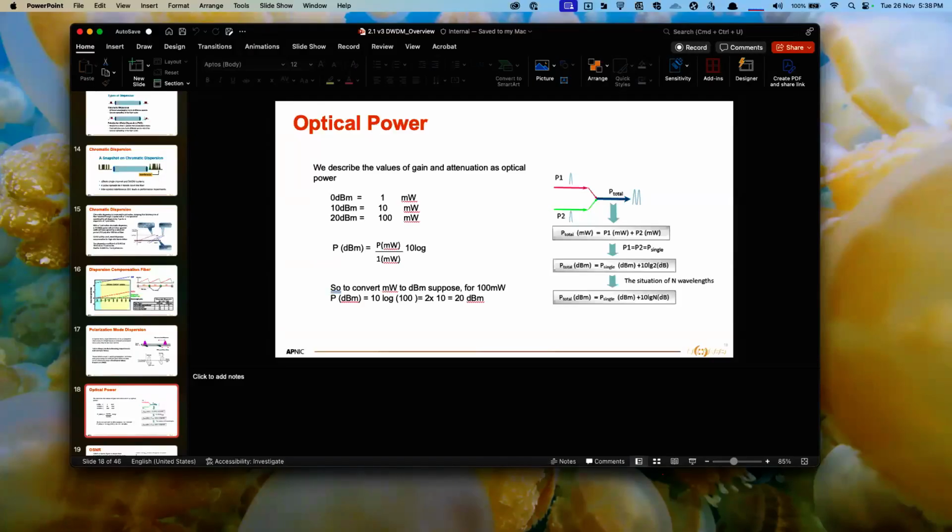What happens when you use C-band, you are using all the wavelengths in the C-band with 50 gigahertz or 100 gigahertz band gap, right? So some vendors push that limit a bit far and come up with some more wavelengths, which they call extended C-band, and then they go to L-band.